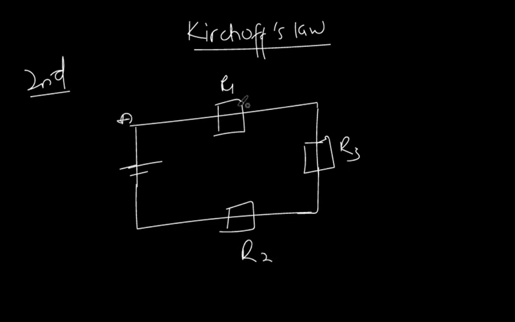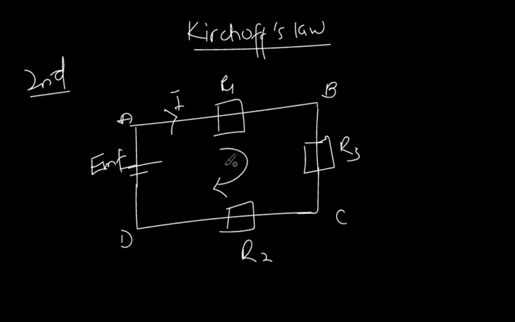Let's name here A, B, C, and D. Kirchhoff is telling us in this second law that the total EMF over here is the sum of the various potential differences over these resistors or loads.